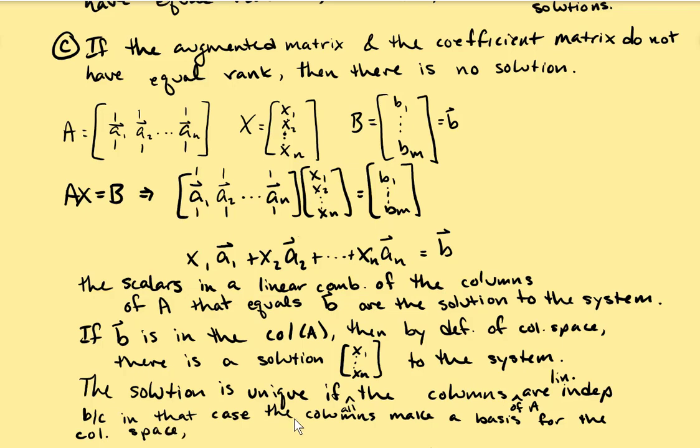In which case, any linear combination of those basis vectors that makes one of these vectors in the column space would be unique. We said that these linear combinations of our basis vectors, with which we can express any vector in a vector space, are unique. There's only one set of scalars that does it.